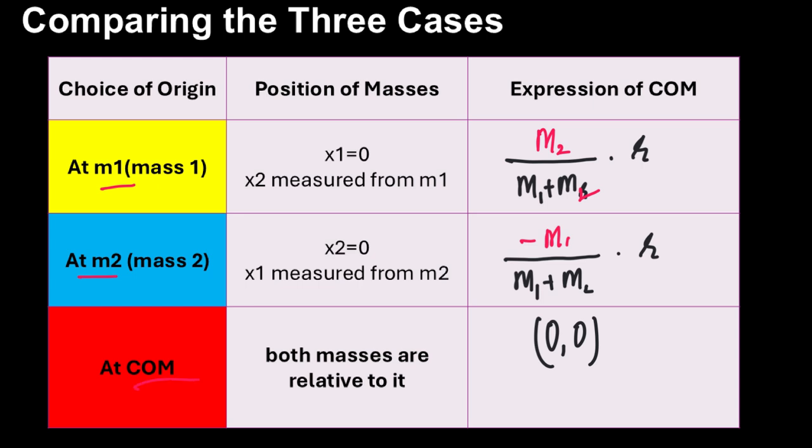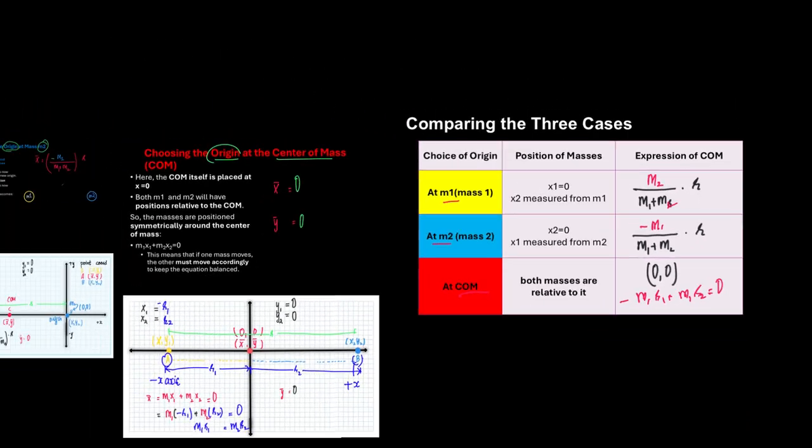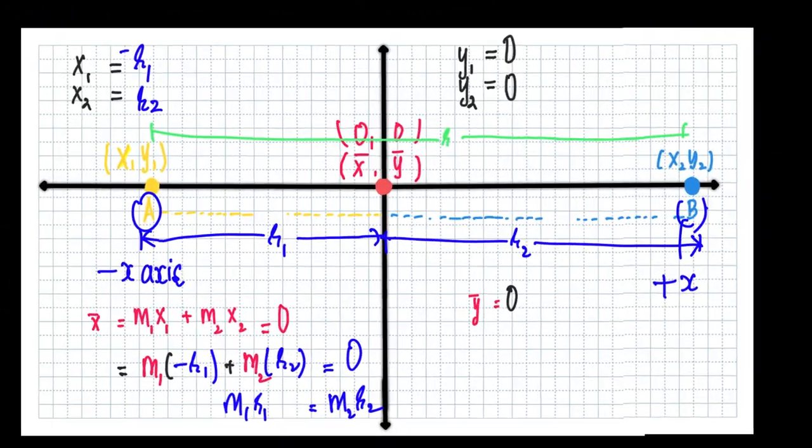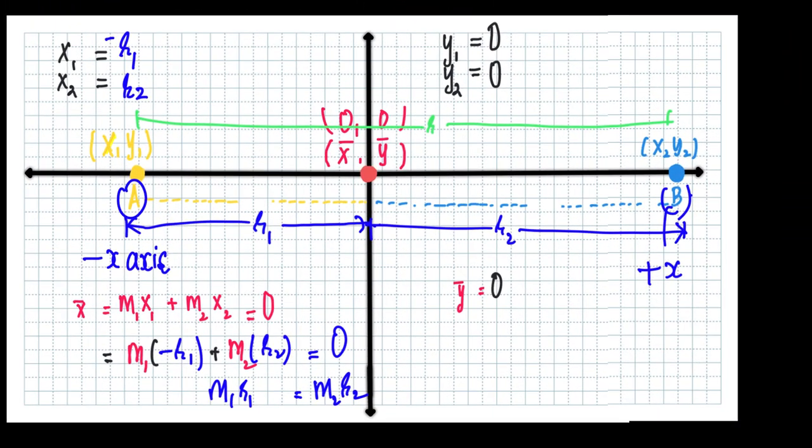And when it is center of mass, then we know that x bar comma y bar is equal to 0 comma 0, and therefore minus m1 r1 plus m2 r2 is equal to 0. Okay, so that was the concept behind this. So this is the most important, the calculation of origin based on center of mass.